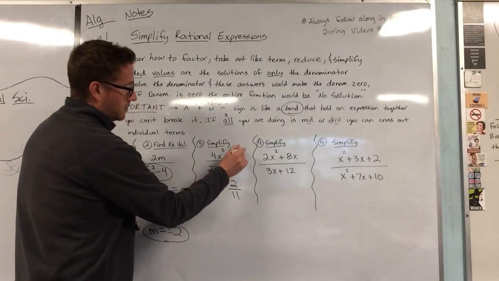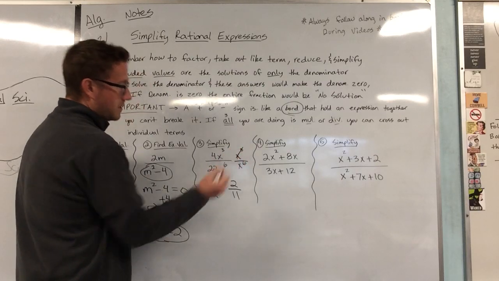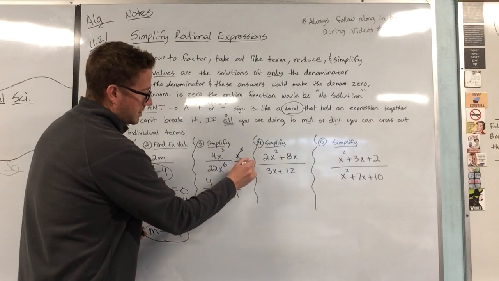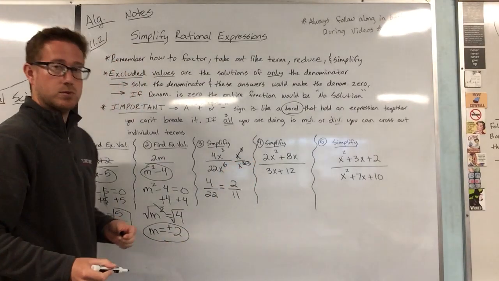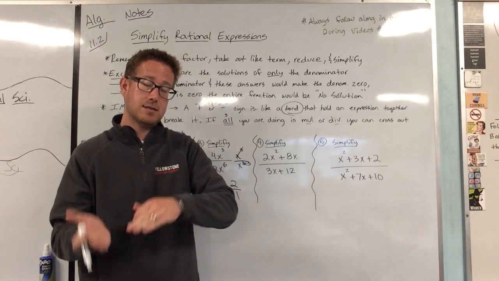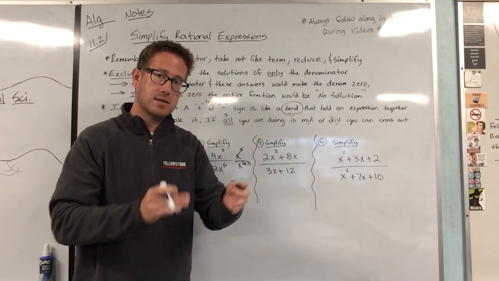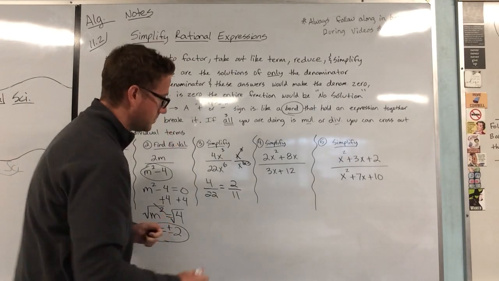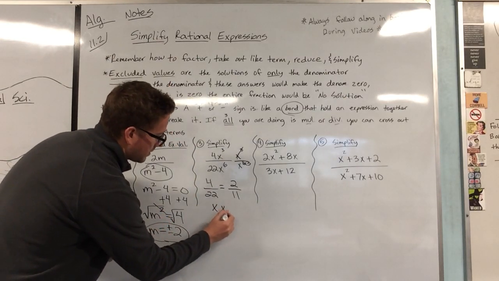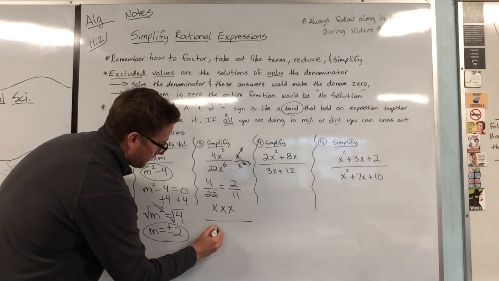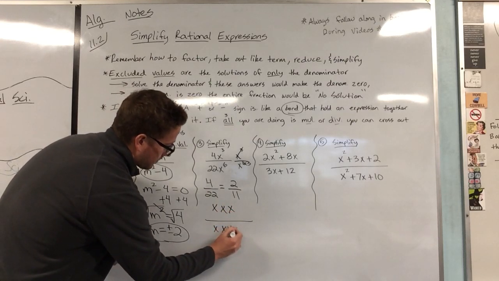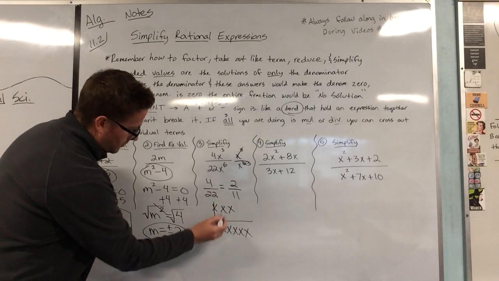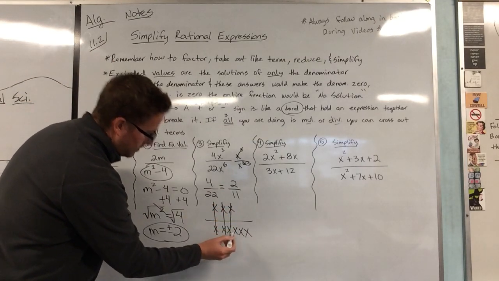So what I can do is cross all 3 of these x's out, and that means that 3 of these x's have been used. So instead of 6 x's, now I only have 3 x's left over. And if you want the expanded version just for this one problem, so you can see it, it's 3 x's on top and 6 x's on the bottom. So these would cross out, these would cross out, these would cross out.